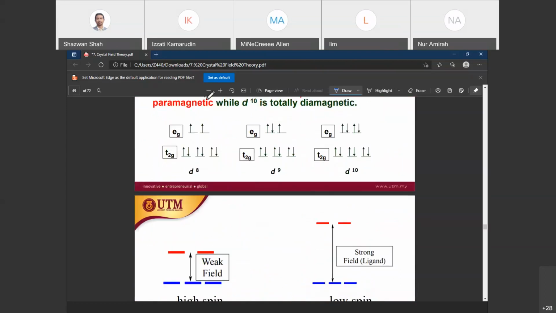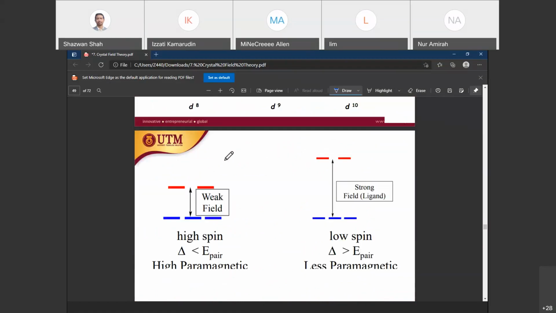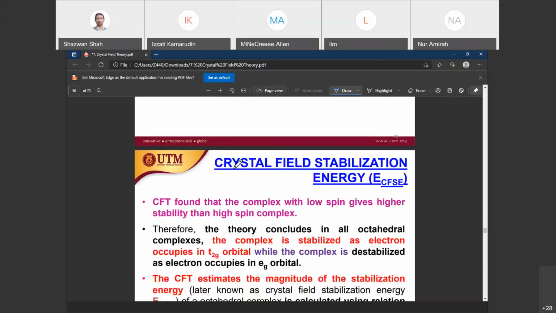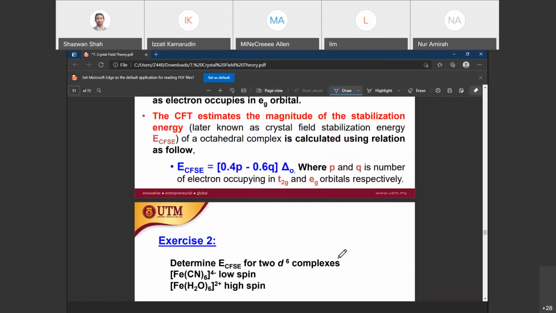When you draw this, you can simply identify how many unpaired electrons, and you can work out the magnetic moment or the strength of the magnetic field. And then this is the formula to calculate the crystal field splitting energy.